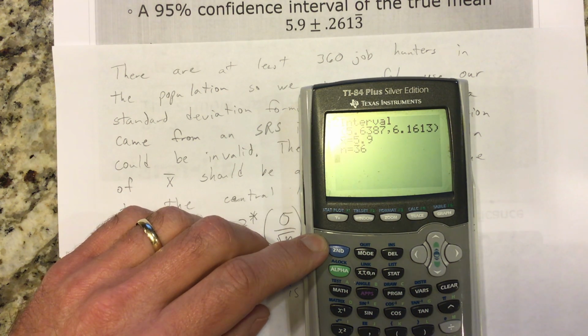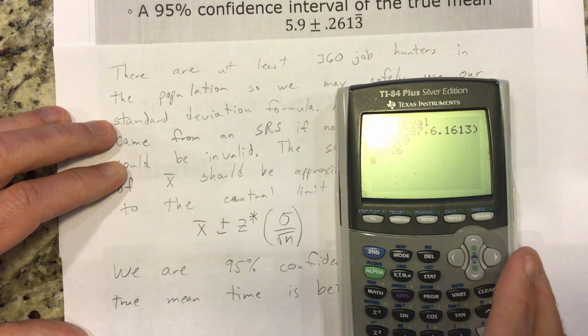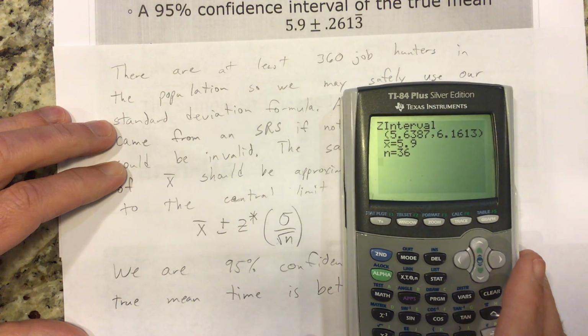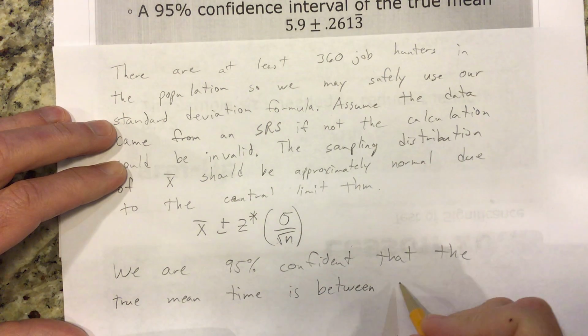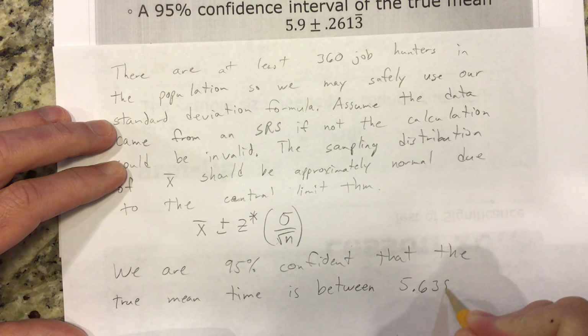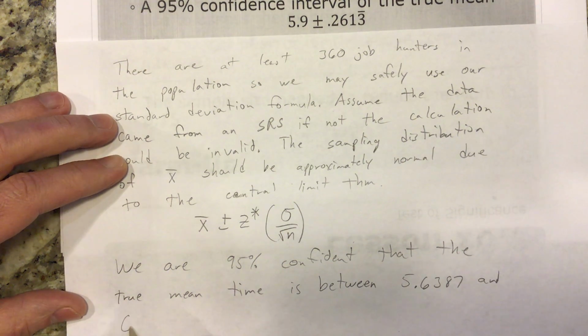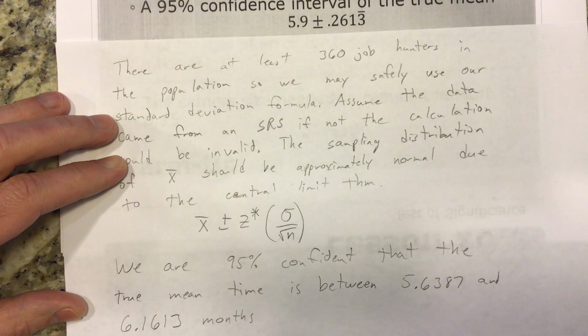So here's how you do it on your calculator, and voila. There we go. 5.6387 and 6.1613 months. Okay, and there you go.